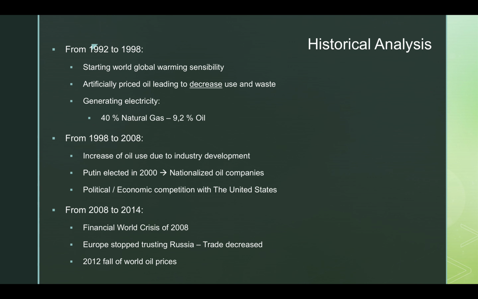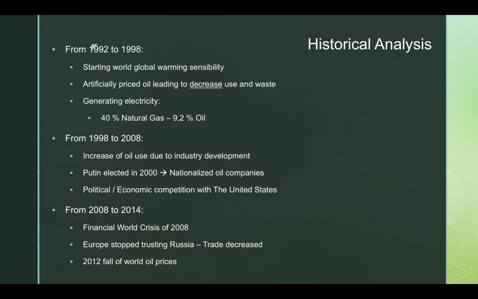Then the political and economic competition that started and took importance during this period with the United States gave meaning to this increase, and the industry started growing more and more.